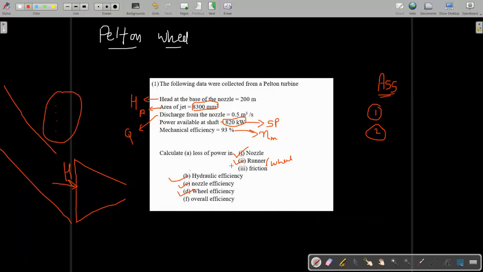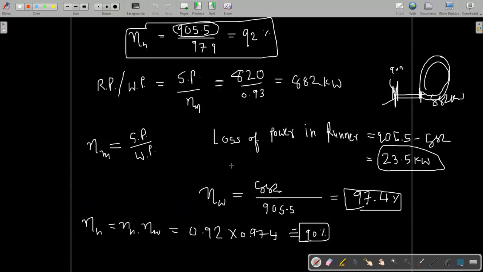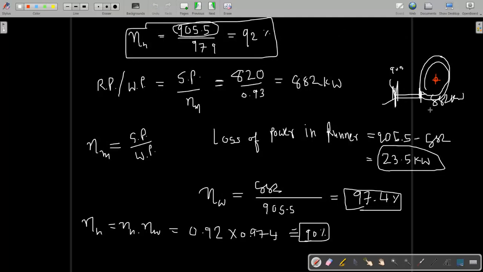Now frictional losses in the bearing. How is it now easy? Because we have the power at the periphery of the wheel, and the shaft is attached to the center here like this. So there are some losses due to friction. At the exit at the shaft it is 820 available, but at the runner it is 882 kilowatt.